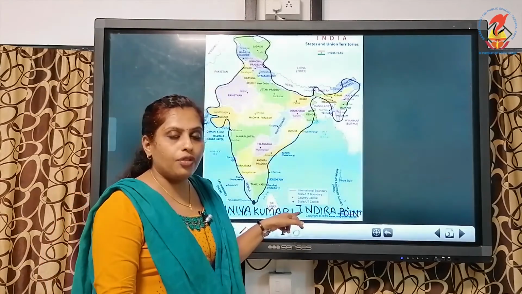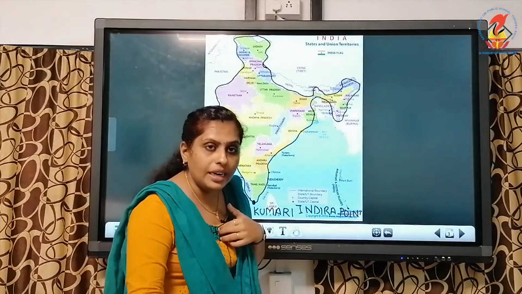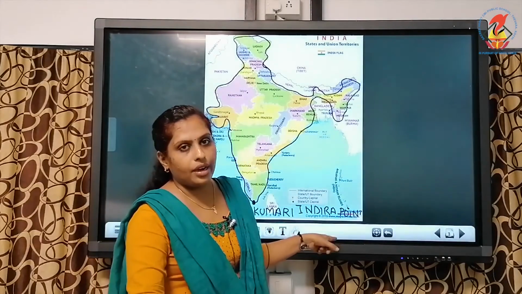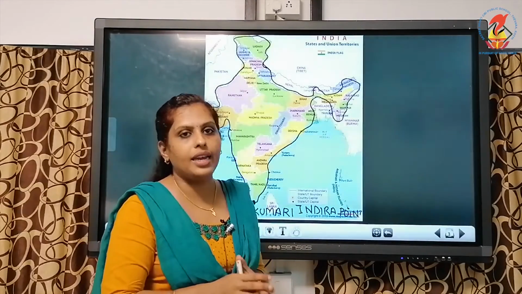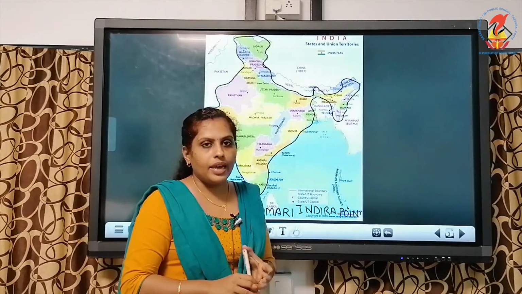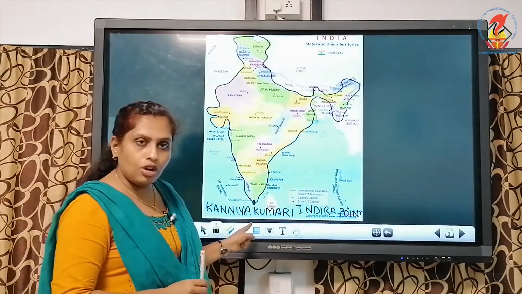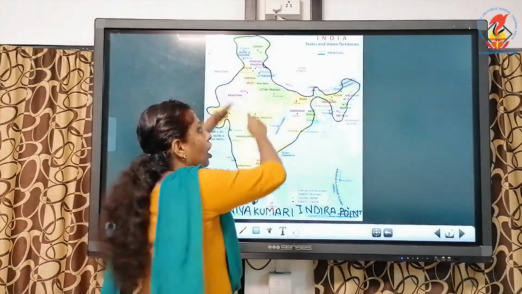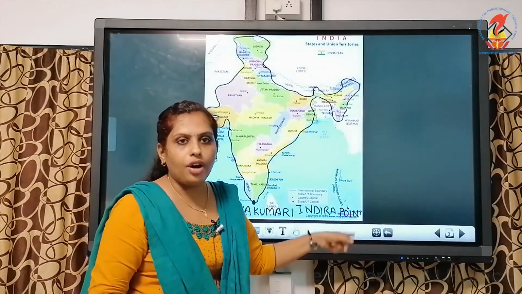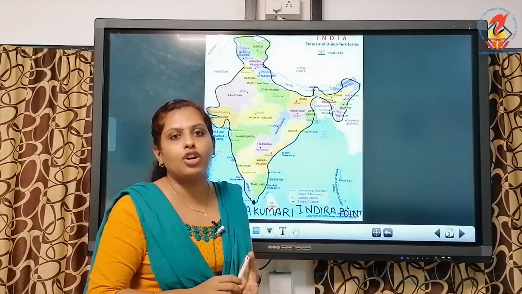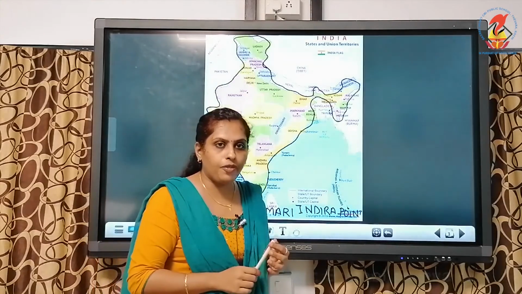If anyone asks what is the southernmost tip of our country, it is Indira Point, and Indira Point lies in the Andaman and Nicobar Islands. Is it clear? Again, the southernmost tip of the mainland is Kanyakumari, and the southernmost tip of our country is Indira Point, which lies in the Andaman and Nicobar Islands. Is it clear? Now let's move on to the next fact.